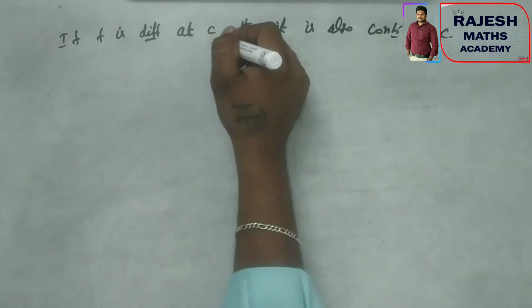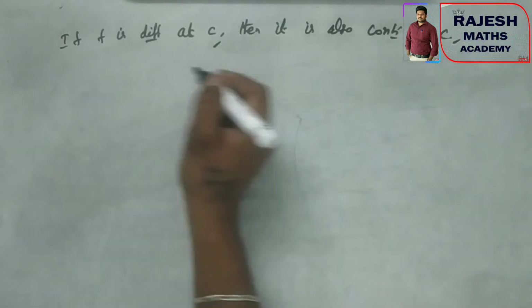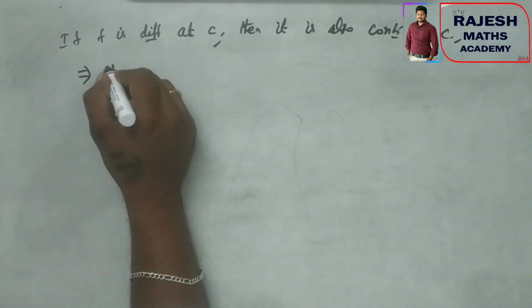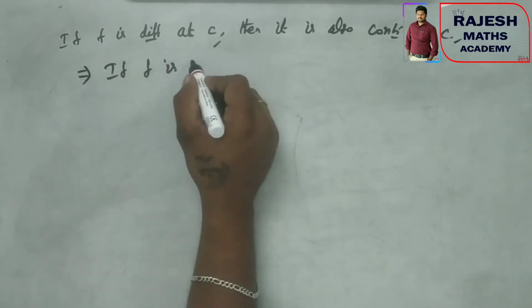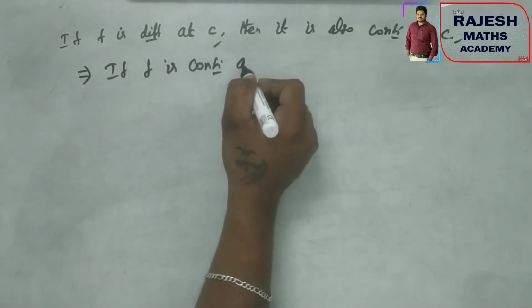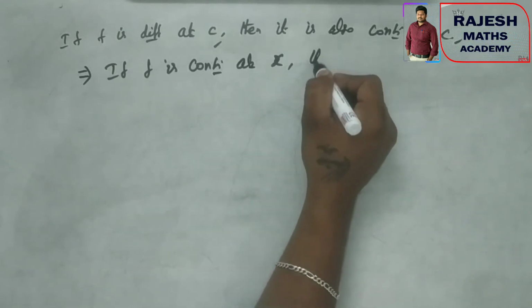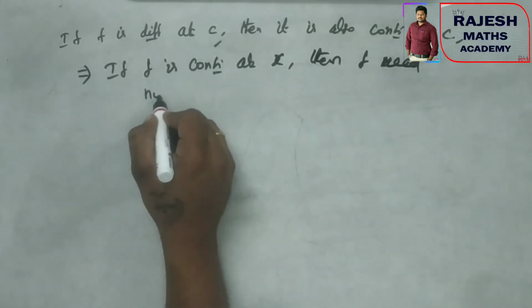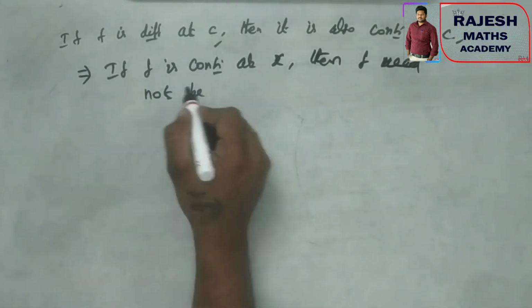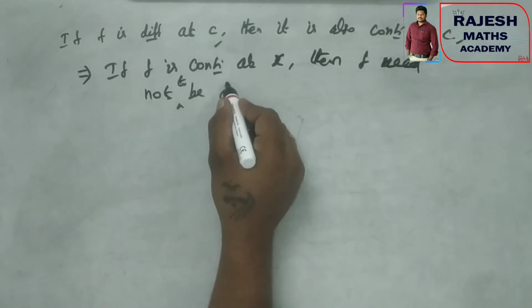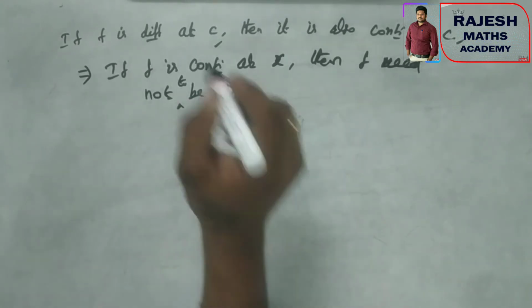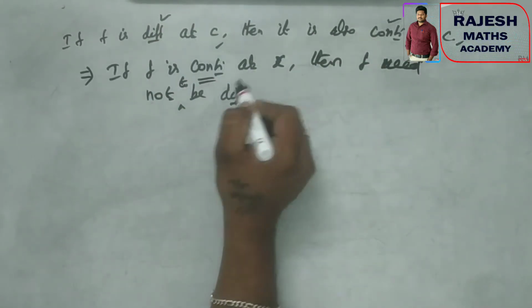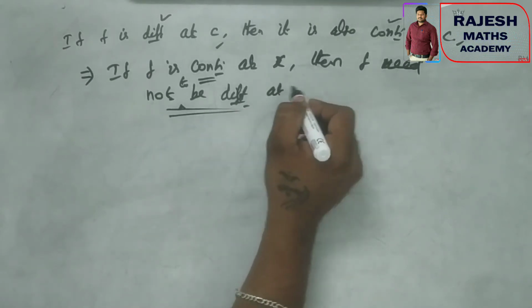But what about the inverse? If f is continuous at C, then f need not be differentiable. Every differentiable function is continuous, but every continuous function need not be differentiable at the point C.